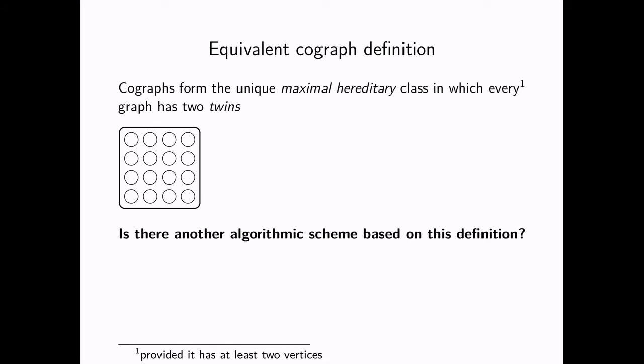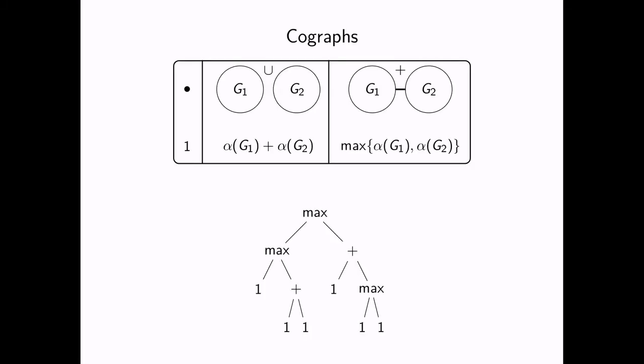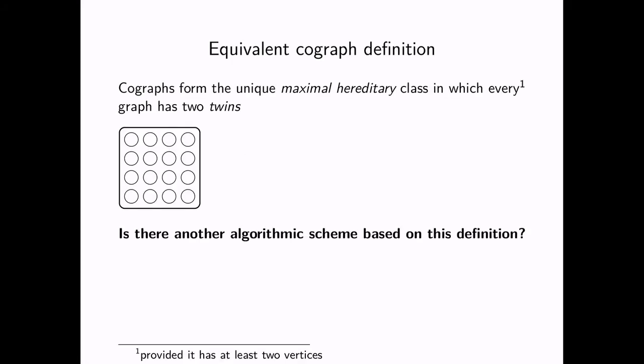So you could ask whether there is an alternative algorithm that would use now this definition. It turns out that there is one, and that corresponds to making this algorithm, which is recursive, but non-tail recursive, into a tail recursive algorithm or an iterative procedure.